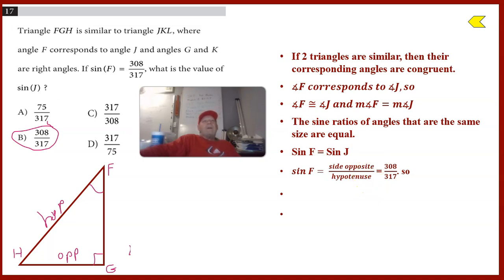Well, the side opposite will be 308 over here. That's the side opposite. Boom, right there. 308. That is what is in the numerator here. Then we have the hypotenuse, which is the side across from the right angle, is 317.